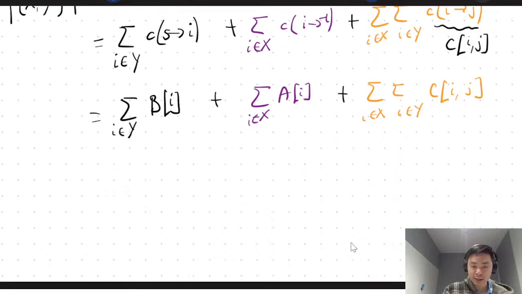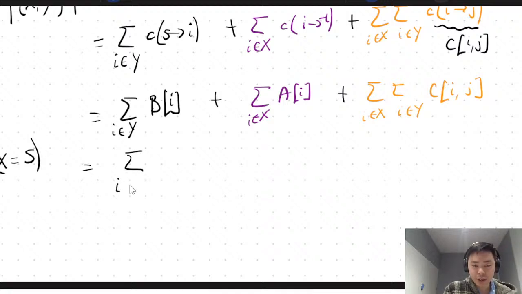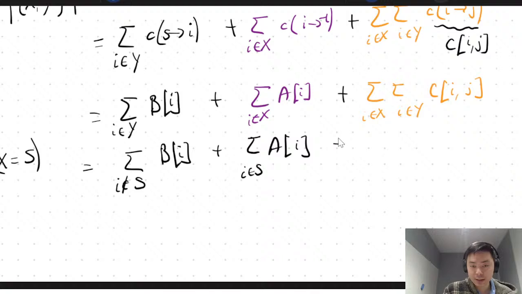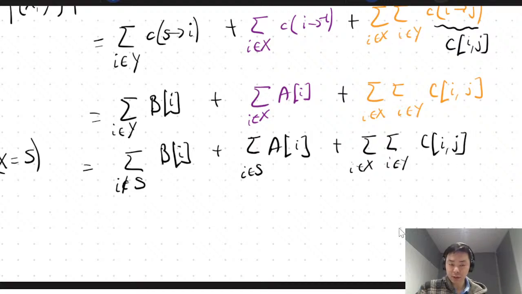And so you can imagine that the set of elements in X corresponds to the set of elements in S. If you imagine X is equal to S, then what we have is the set of all jobs not in S, plus the set of jobs in S, plus this other sum here. Cool, and this is exactly the cost function that we want.